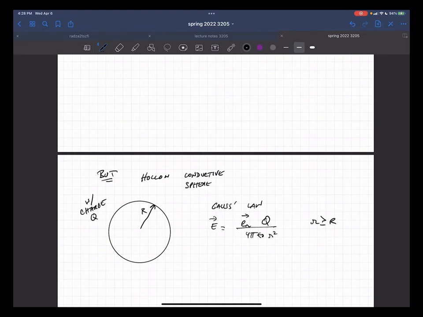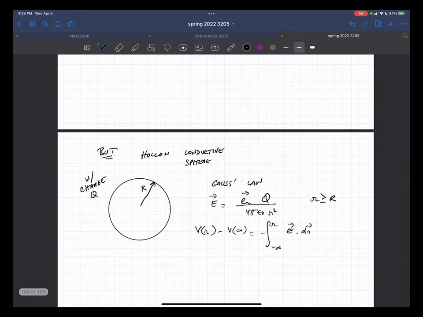So from that, if you wanted to get the potential at any point, V of R, we would end up calculating the integral of that from minus infinity to a point R of E dot dr. Okay, and because we define this to be 0, V of R is just equal to Q over 4 pi epsilon naught R. Okay, so in this case, it ended up being easier to get the electric field first and then get the potential from that.